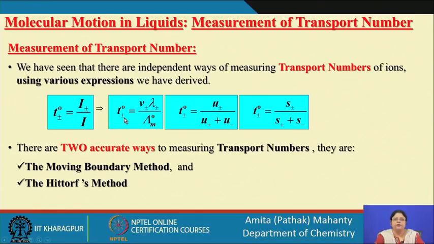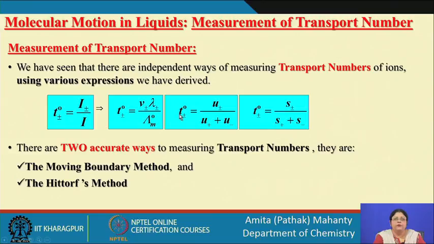Similarly, we have also seen that the transport number can be given by the stoichiometry number, the number of formula units of the electrolyte, which is going to give rise to the number of cations or anions for a particular electrolyte system, into the ionic conductivity divided by the molar ionic conductivity of the electrolyte. That is another method of finding out the transport number.